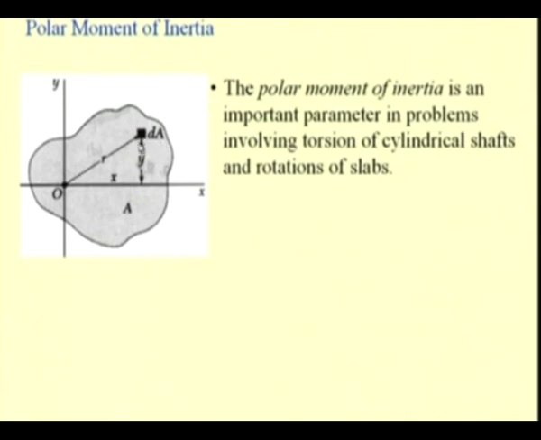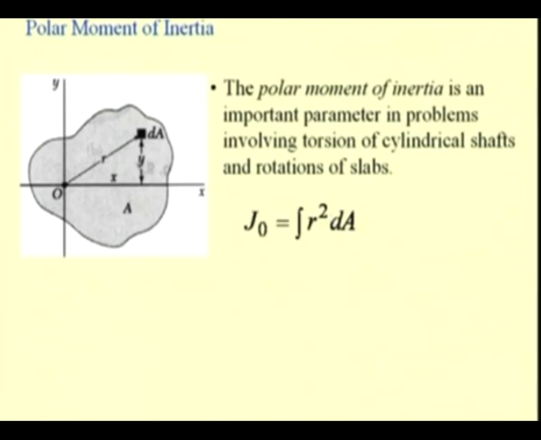The same way, the second moment of this area with respect to the z axis, passing through this point O, is nothing but the square of the distance, that is r square dA. So, if we integrate this quantity, we have the polar moment of inertia, which we designate as J with respect to O, as integral r square dA.